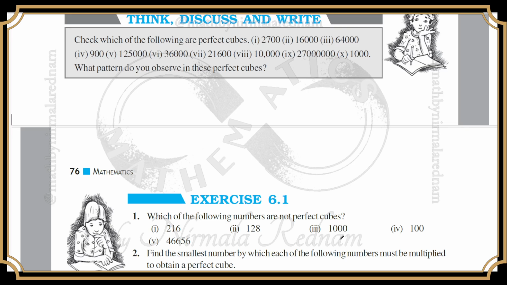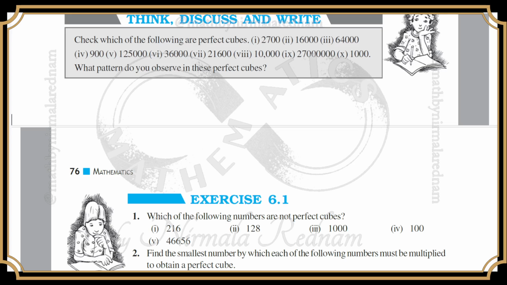And one more thing you can notice here is that there are a lot of zeros in the end. For each of these numbers that they have given, there are a lot of zeros. Okay, so for this, what we are going to do is, first we are going to think about, is there any faster way in order to check whether it's a perfect cube or not.